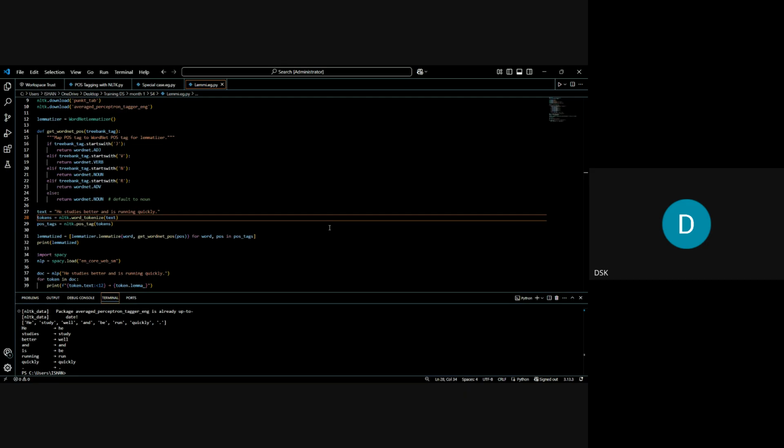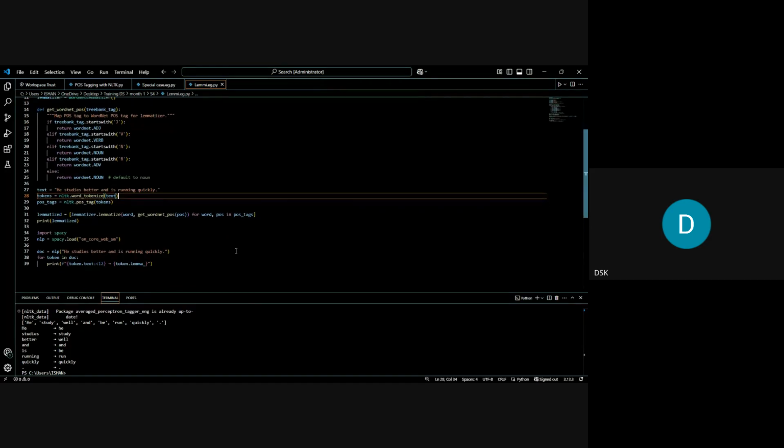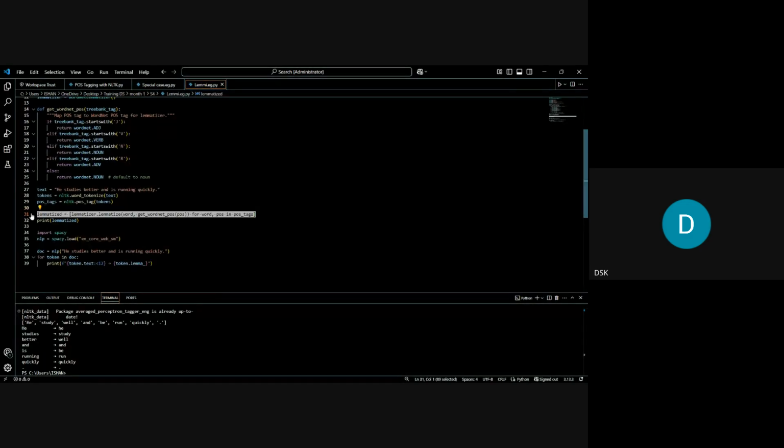Studies will be VBZ, and better would be RBR, etc. It will use the correct POS with each word, so basically it is going to perform true lemmatization.